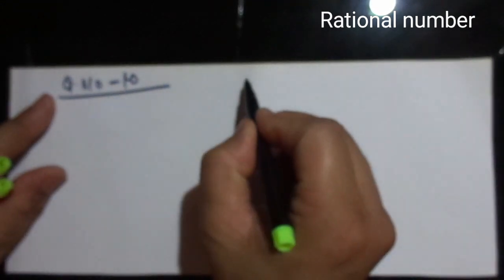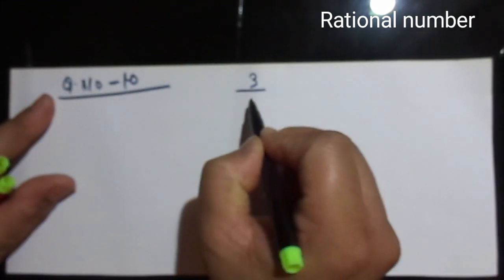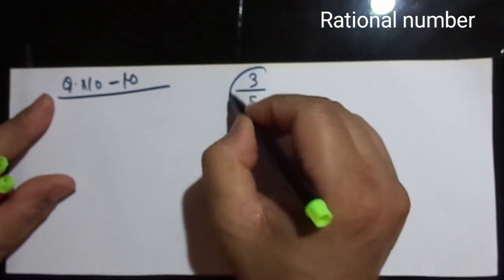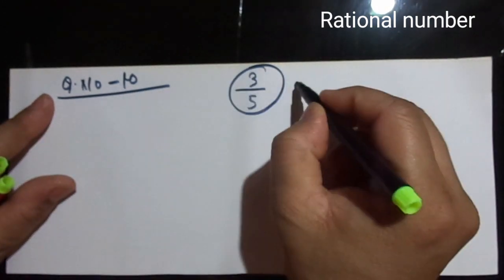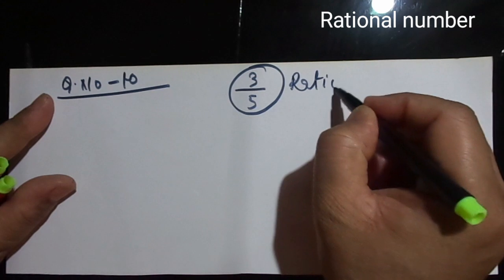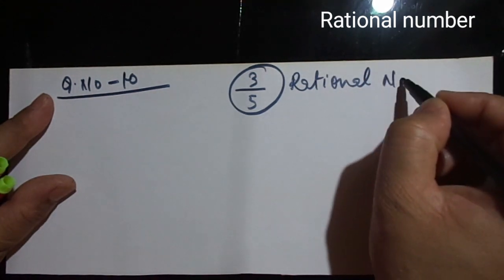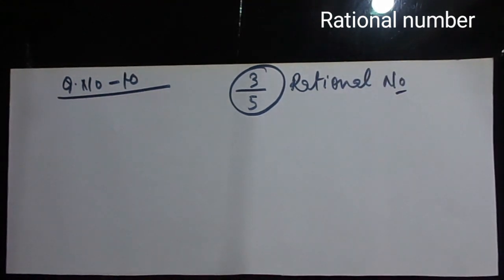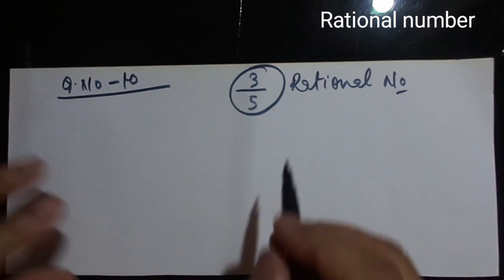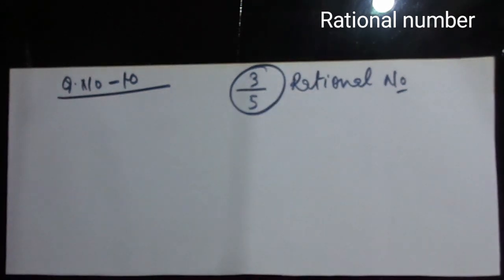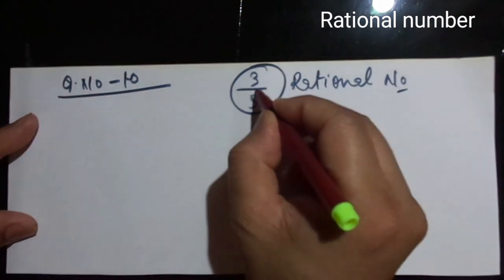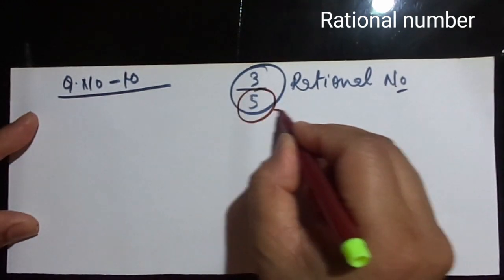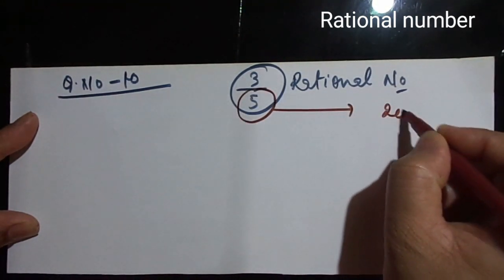So your number is given, 3 by 5, a rational number, and they say that you have to change the denominator to 20. Means this 5 should become 20, isn't it?